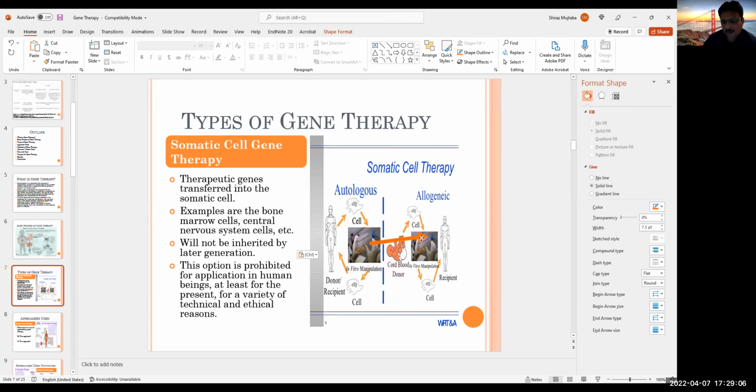They are grown, they are naive stem cells, and they are genetically manipulated and then injected into the patient's body or bone marrow. So two types: autologous means the patient's cells are genetically modified. Here, it is somebody else's, like cord blood cells. It may not be from the same patient. So two types, autologous and allogenic.